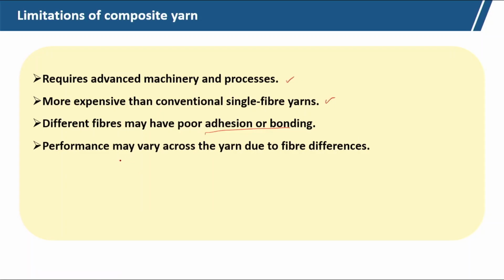Performance may vary across the yarn due to fiber differences. Like in the core we have one fiber, and in the sheath we have a different fiber. Suppose in the core we are using, say, polypropylene, and in the sheath we are using something like cotton.